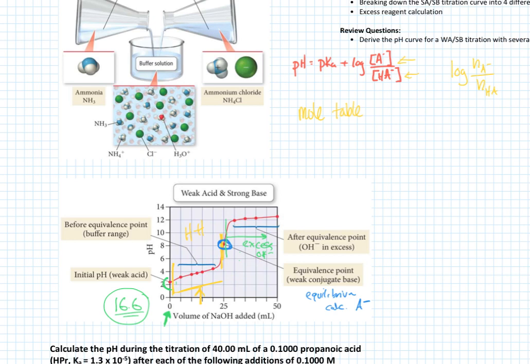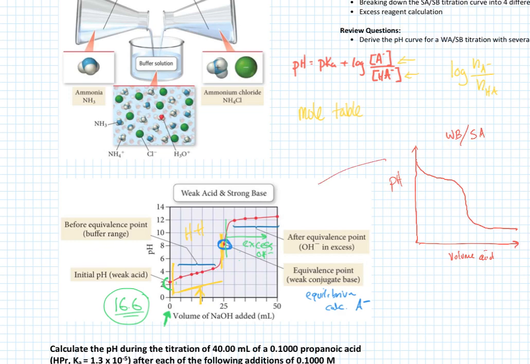Okay, again, before we dive into the details, because it could get really easy to get lost in the details of this, I want to quickly point out everything we're saying here also holds for the case of a weak base and a strong acid. In this case, we'd have volume of acid, and we would have pH on the y-axis again, and we'd get some kind of curve that looks like this.